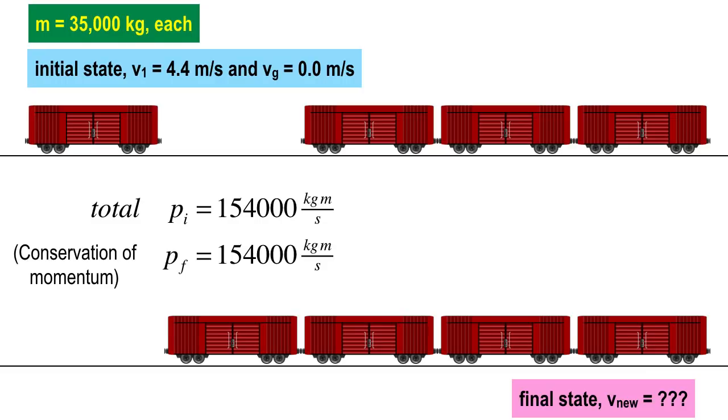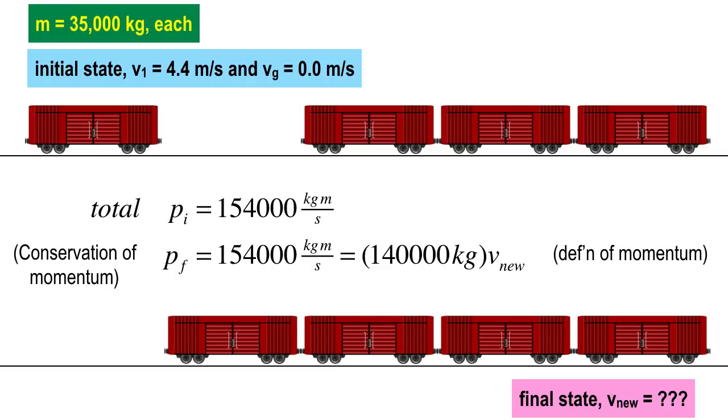So conservation of momentum tells us this, and then definition of momentum tells us this. This side is just from definition of momentum. And if you look at that, you will see that you can get V subscript nu by itself.